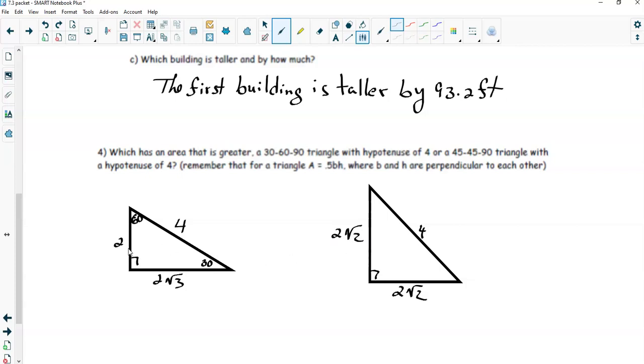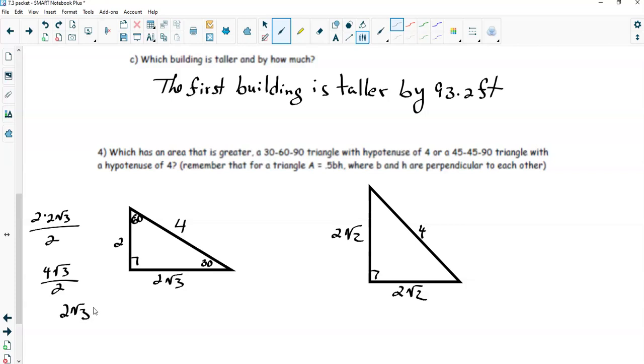All right, so if you want to find out, you just have to find the area of a triangle. The area of a triangle is given by base times height divided by 2. Here's the base. So 2 times 2 square root of 3, all of it divided by 2. 2 times 2 is 4 square root of 3 divided by 2, which is 2 square root of 3.